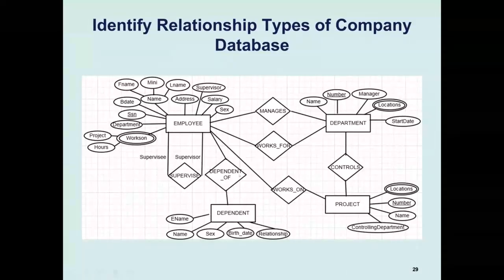And for the last one, supervise, it is a relationship starting from the employee and going back to the employee. So that's why supervise is called a recursive relationship type. By recursive, it means that the entities the relationship type relates are from the same entity type. Okay, so this is the first draft of the ER design.